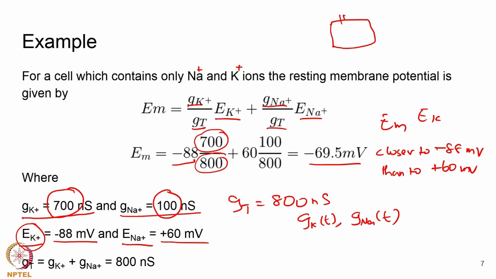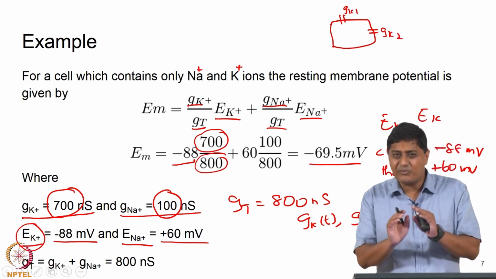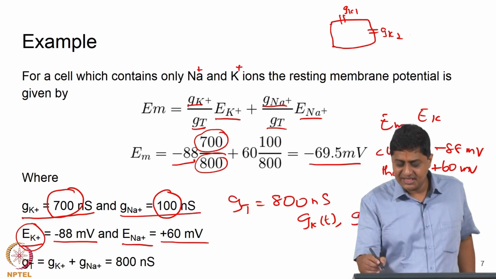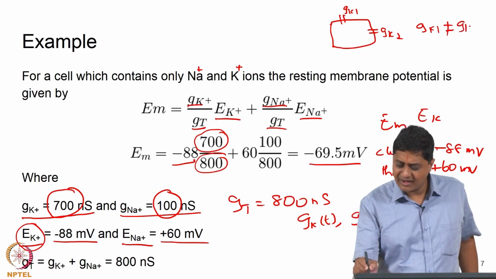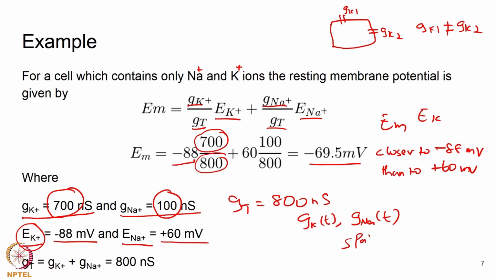There is some conductance here and some conductance here. This is GK1 and this is GK2. For now we are only considering a portion of the cell membrane, but in general it is expected that GK1 and GK2 are not the same. That means there is both a spatial and temporal distribution of these conductances.